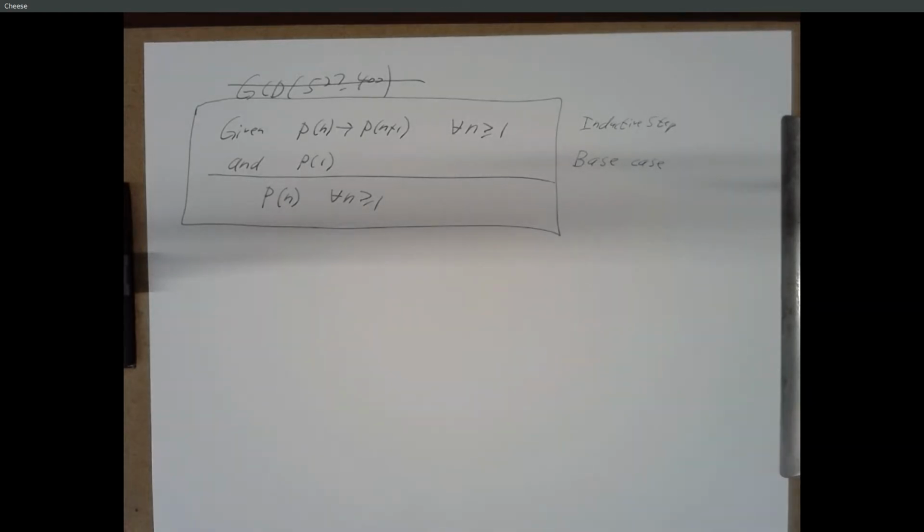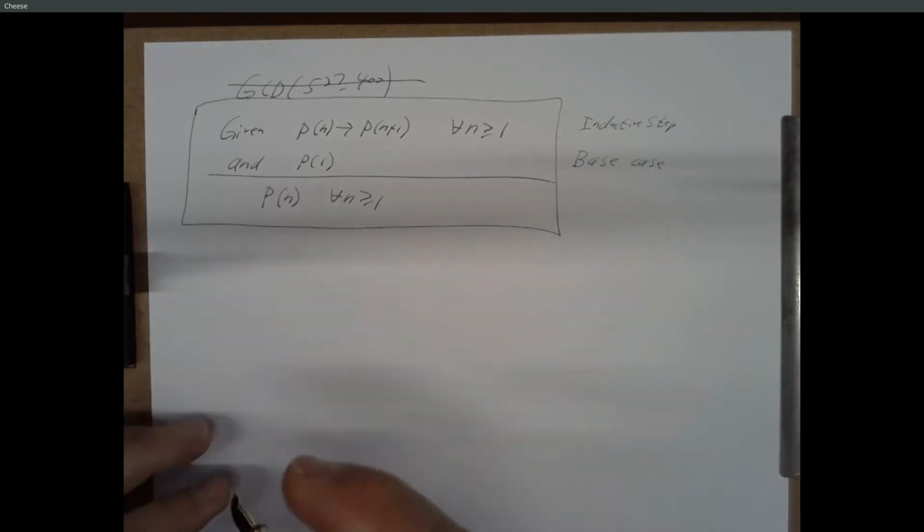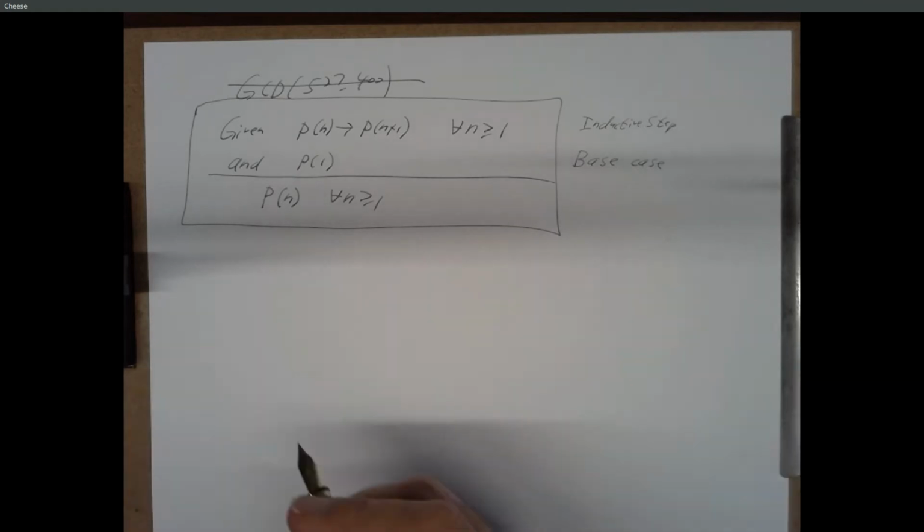So we went through an example of this on Monday. We showed that the sum of consecutive integers 1 through n is equal to n times n plus 1 over 2. And let me do that example again, but we'll do a bunch of examples like this.